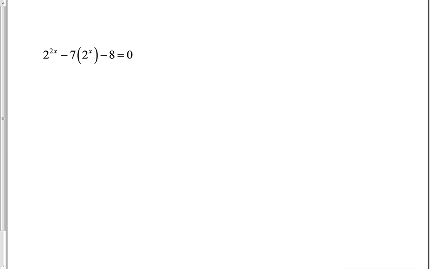Another exponential equation that looks like a quadratic. 2 to the 2x minus 7 times 2 to the x minus 8. Okay, 2 to the 2x is the same as 2 to the x squared, because I would multiply those exponents and get what I started with on line 1. Minus 7 times 2 to the x minus 8 equals 0.